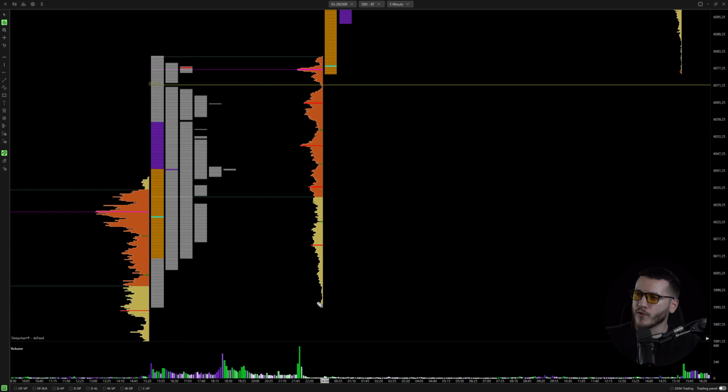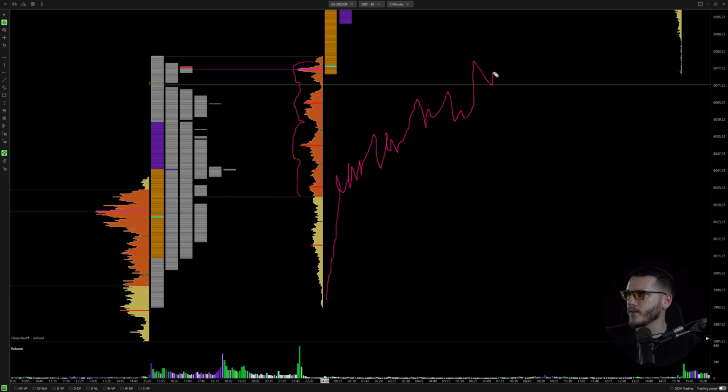The volume profile confirms that, because the distribution of value areas is very widespread across all the price range. So we have some here, some here, some here, some here, which means that likely what price did was something like this and continue accepting higher and higher until it closed here.